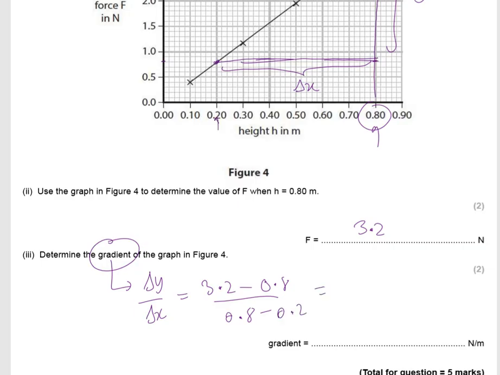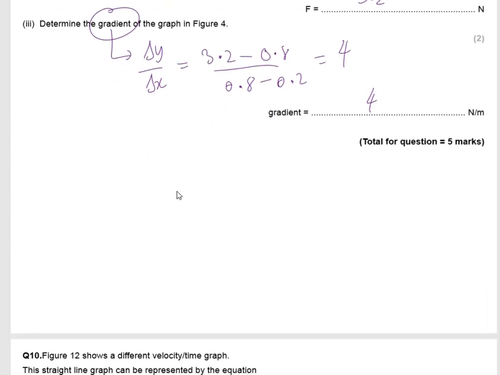If you do this with a calculator, I get 4. Now the mark scheme allows a range. So the range is 3.8 to 4. If your answer is in the range, you're going to get your mark.